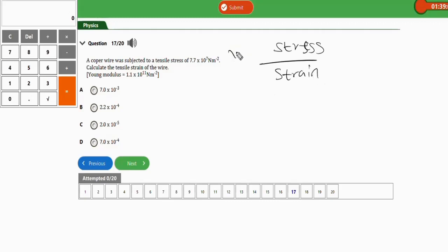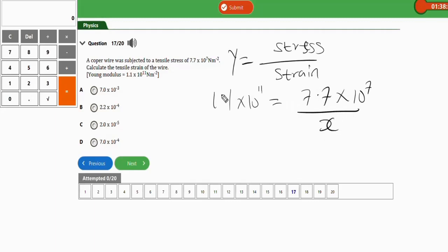So we have the Young modulus as 1.1 times 10 to the power 11 equals the tensile stress, 7.7 times 10 to the power 7, over what I'm looking for, the tensile strength. So let's call it x.